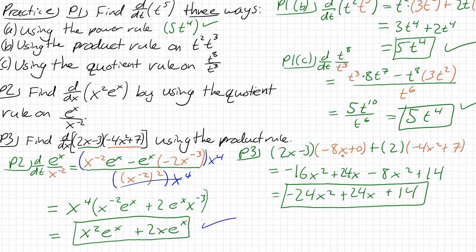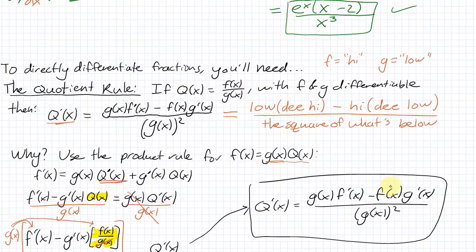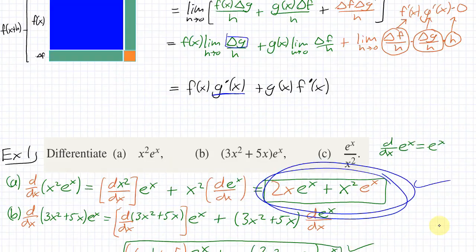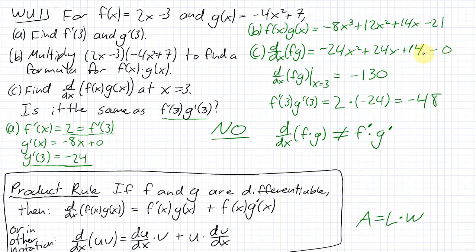The derivative of the green part is just 2. Foil everything out, combine like terms, and we get the same answer as we had from that original warm-up. So yeah, it looks like the product rule works, and we get, where did the result go? Right here.